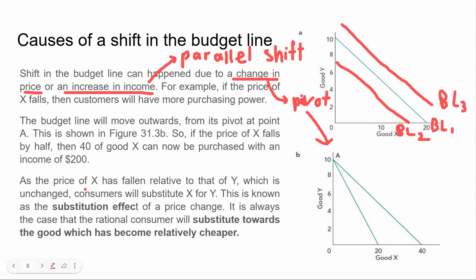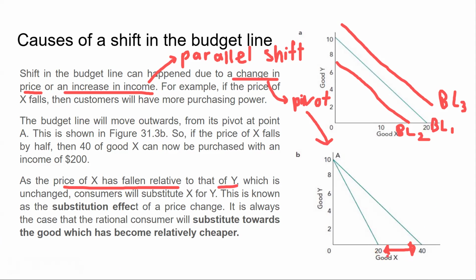As the price of X has fallen relative to that of Y, X is cheaper compared to Y. Sorry, the illustration mentioned that X is cheaper.